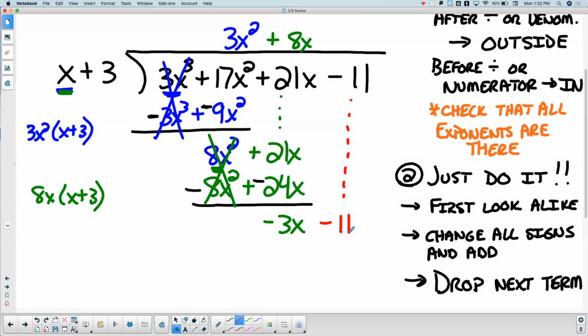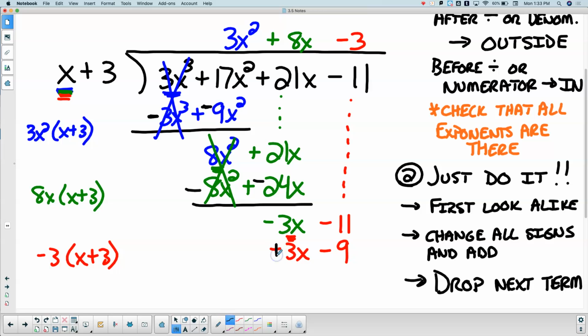Now I start over again. I need to get x to look like negative 3x. What do I multiply by? Negative 3. If I multiply by negative 3, I get negative 3x minus 9.